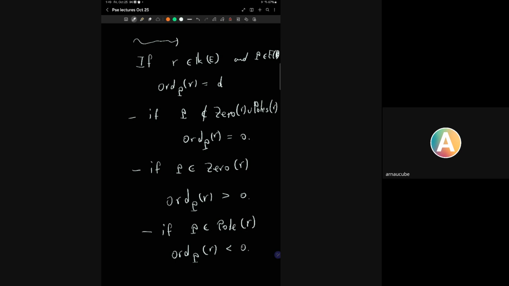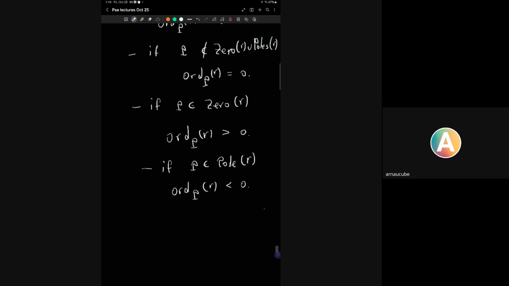Okay, so then we went into this business of trying to show the symmetry of zeros and poles of a rational function.